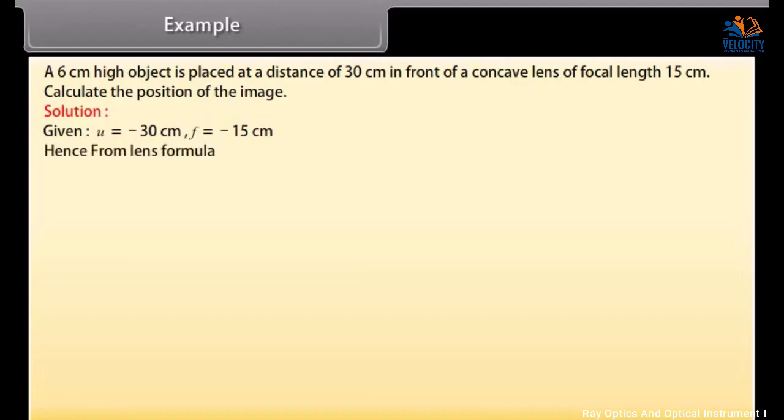Hence, from lens formula, 1/f = 1/v - 1/u.